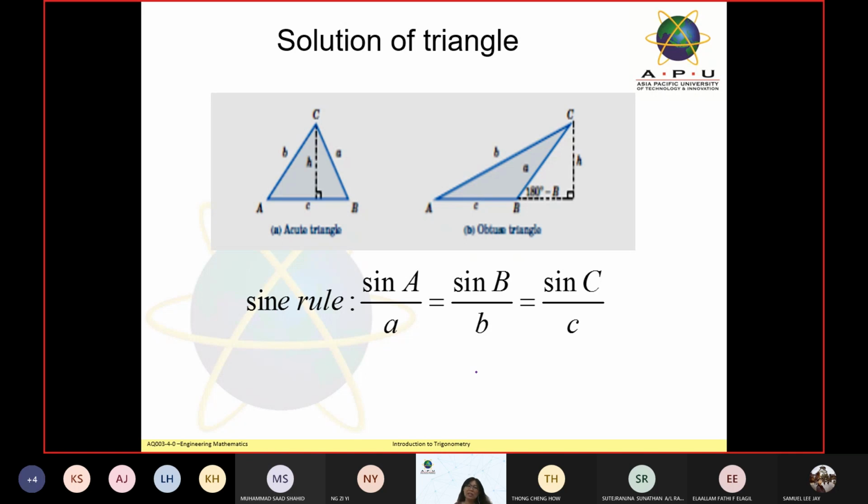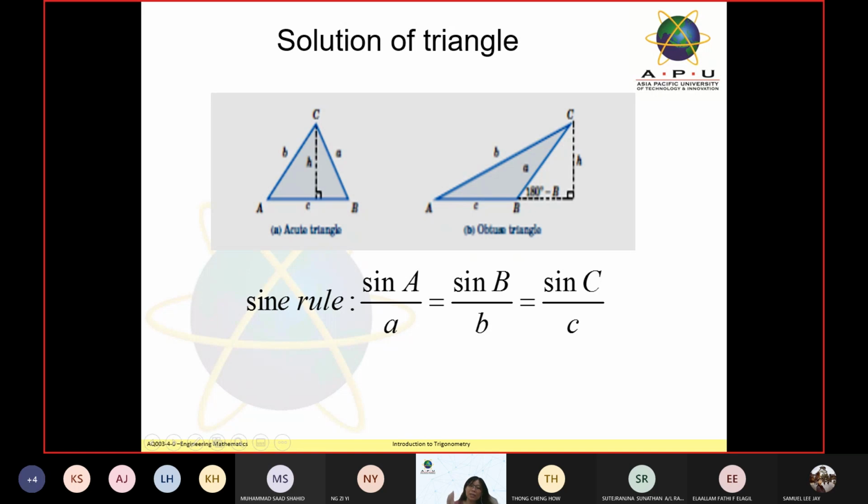Because with 90 degrees, we can normally solve by the theorem of Pythagoras, or by tangent, sine, and cosine. But when the triangle is not right-angled, we cannot use those. Then we have other rules to use, either the sine rule or the cosine rule, depending on what values you have from the triangle.